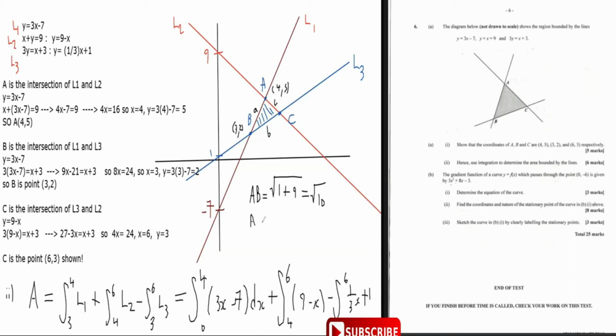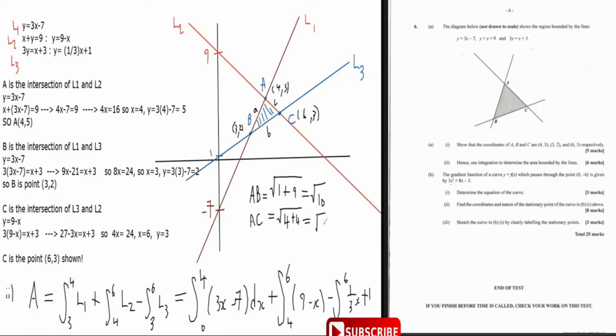C is the point (6,3), so it's 6 minus 4 is 2, so 2 squared is 4, plus 5 minus 3 is 2, 2 squared is 4, and so AC is the square root of 8.